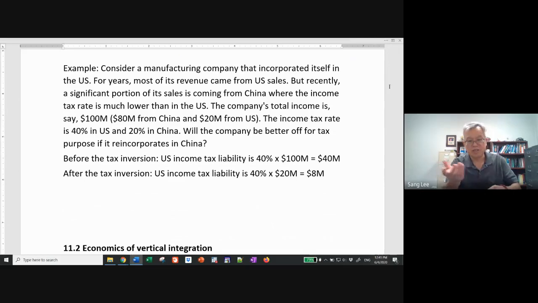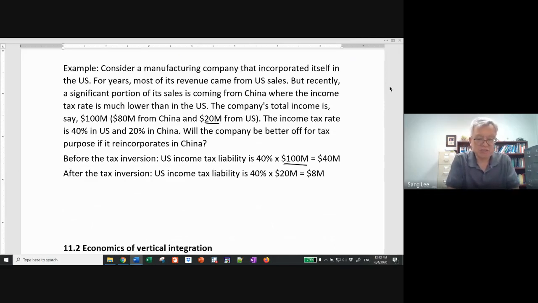Here I show you a simple calculation. Before the corporate inversion, if the company remains as an American company, then the US income tax liability is the 40% income tax rate times $100 million. Here you may wonder why it is $100 million when the company earned only $20 million of its income from US sales.